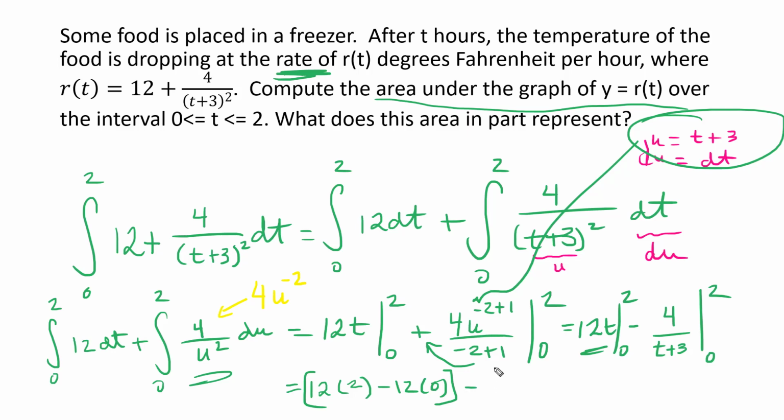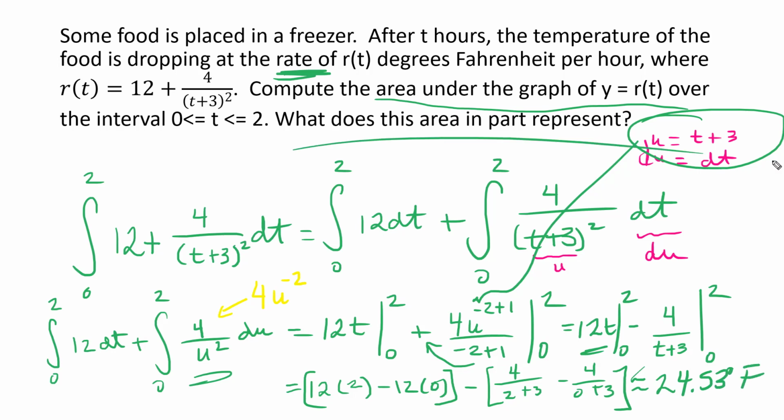And then minus, plug in 2, minus, plug in 0. Okay, so that's all your nice little pieces, and you should get approximately 24.53 degrees Fahrenheit, which that area represents the temperature of the food at the end of 2 hours.